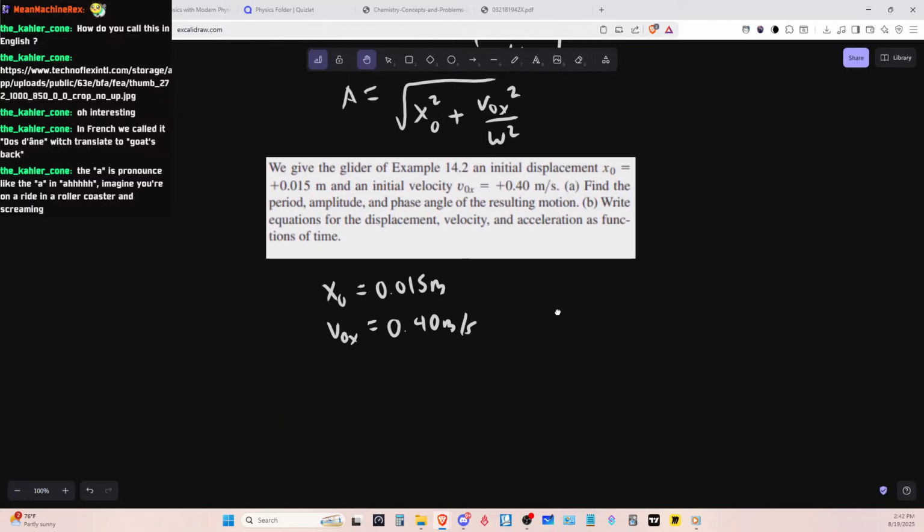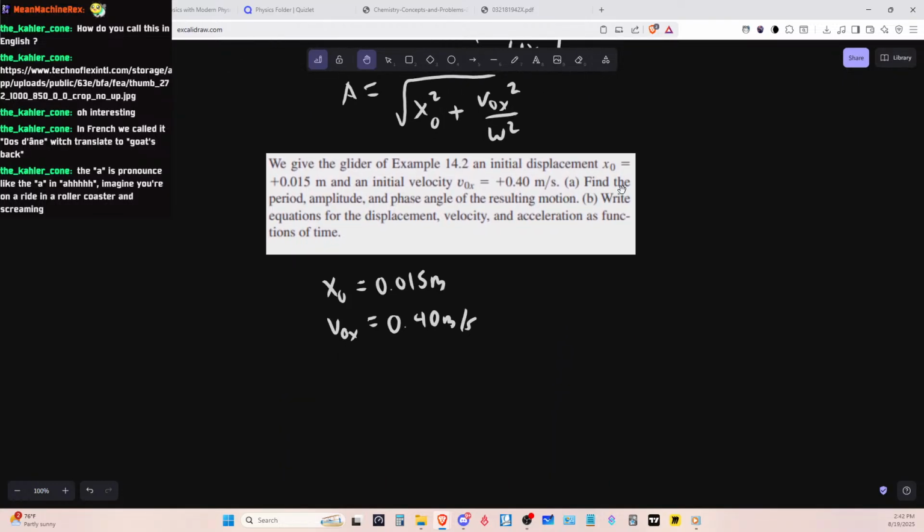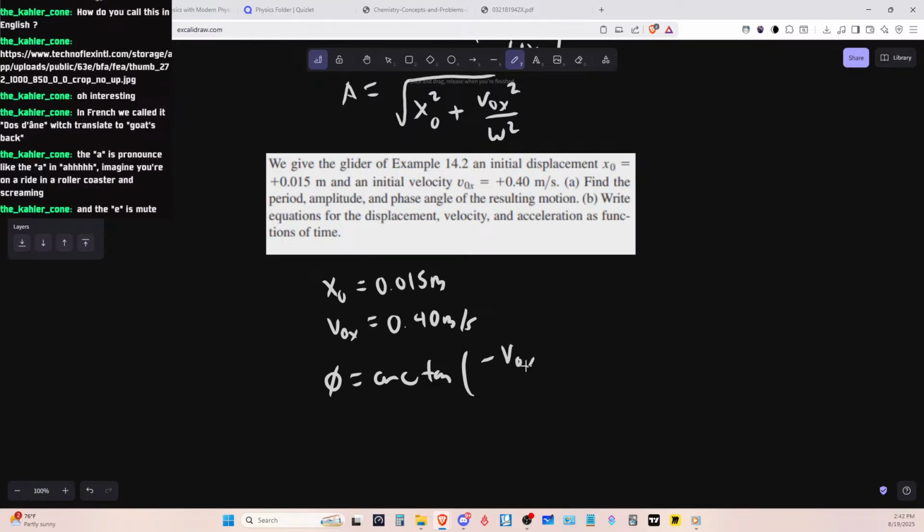So I guess we can just plug this in. So find the period of the amplitude. So I think we're gonna have to find the phase angle. I think the phase angle we can find. So that would be arc tangent, negative v for x naught, right?